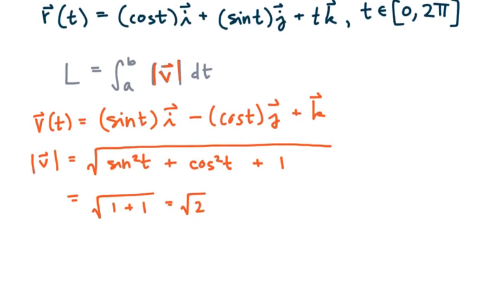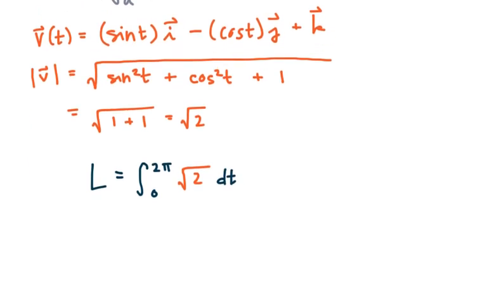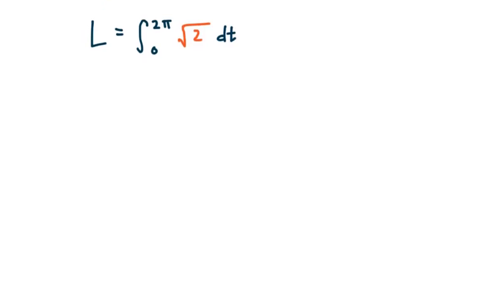So in order for us to calculate arc length, it is going to be the integral from 0 to 2 pi, as those were the initial and terminal times for t, of the magnitude of velocity, square root of 2, dt. This, of course, is a very easy integration.